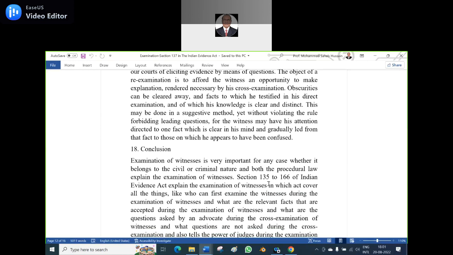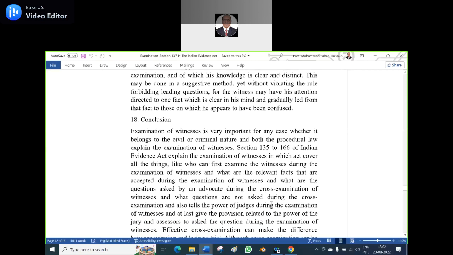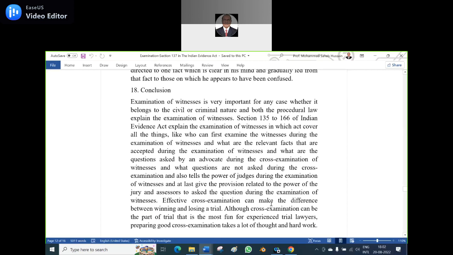Section 135 to Section 166 of the Indian Evidence Act cover all these things: who can first examine the witnesses, what relevant facts are accepted during the examination, what questions are asked by an advocate during the cross-examination and what questions are not asked. It also tells the power of the judge during the examination of witnesses, and at last gives the provision related to the power of the jury.